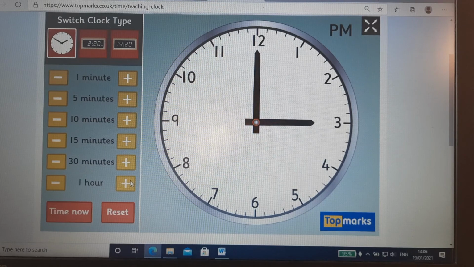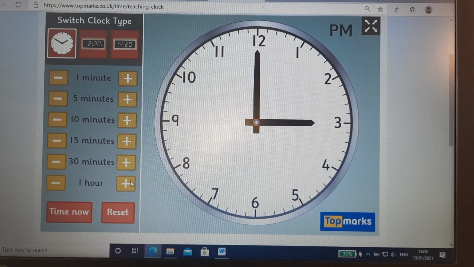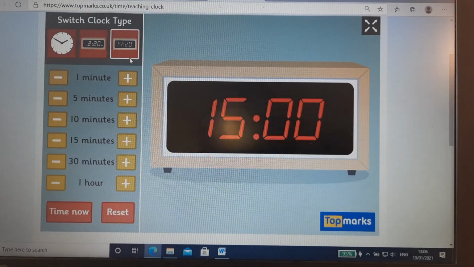So what do you think 3 o'clock would be? Write that down as a prediction. Press pause. Okay, so what you should have now for 3 o'clock is 15:00. So that would be the 15th hour of the day.